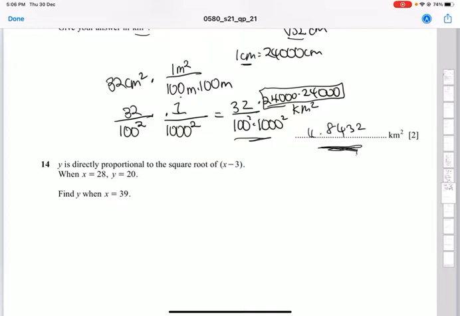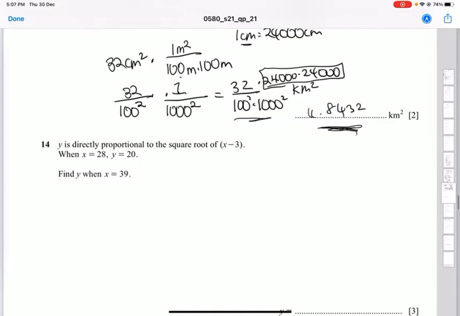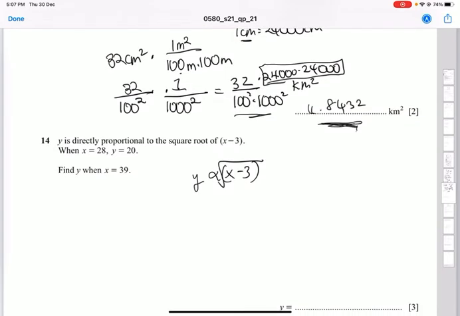Now question 14 is asking you y is directly proportional to the square root of x minus 3. It says here when x is 28, y is 20, find y when x equals 39. So directly proportional means y equals some constant k times square root of x minus 3, right?